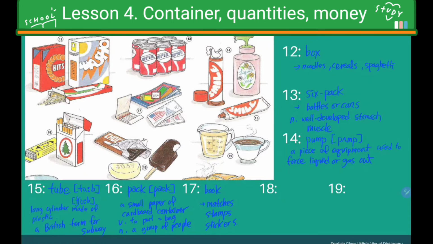Number 18, we have chocolate, soap, or even ice cream bar. Bar. And this also refers to a drinking place. So, I'd like to have a drink at the bar.